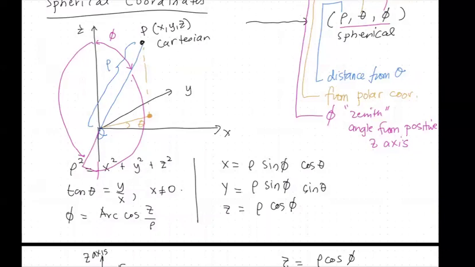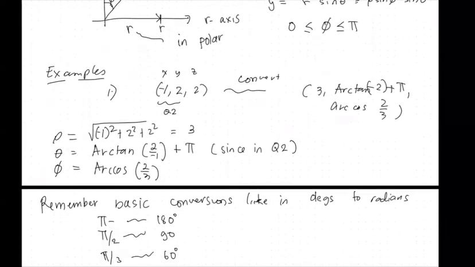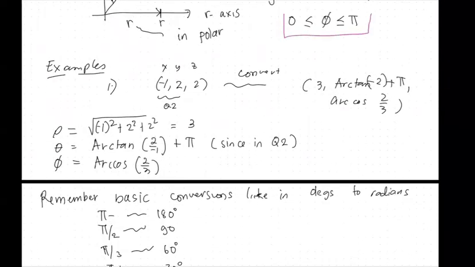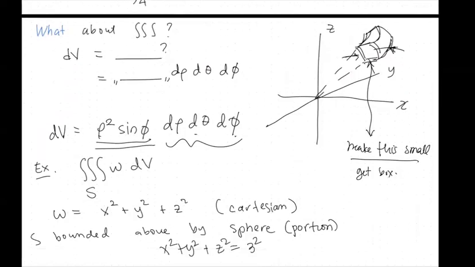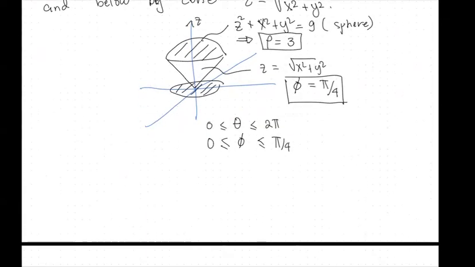So that's why we will just fix our phi from 0 to pi. And of course, your rho should be positive, but in case it's not positive, it goes to the opposite direction. All right, so let's go back to our example.